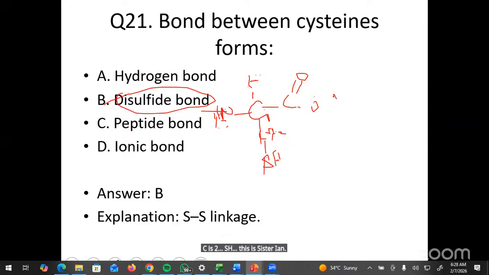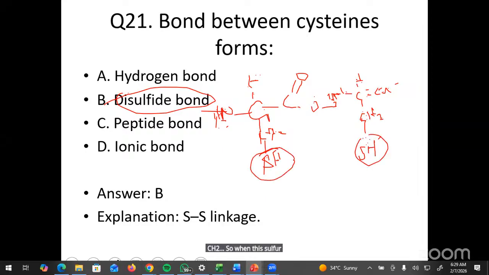So we have another cysteine, CH2 SH. When this sulfur reacts with this sulfur to form a bond, that bond is called a disulfide bond. These two hydrogens will be released, so it will be just S-S.